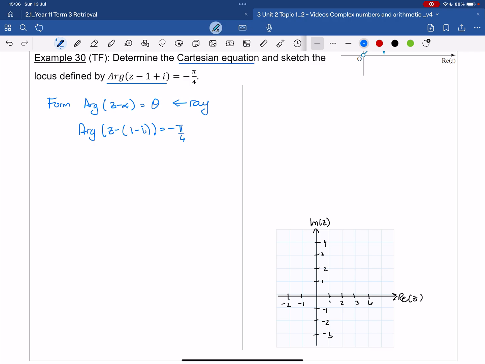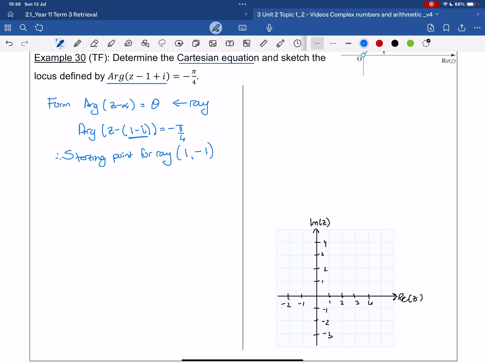So that means that my starting point for my ray is going to be at the point that this complex number sits. So that's going to be at 1 and negative 1.